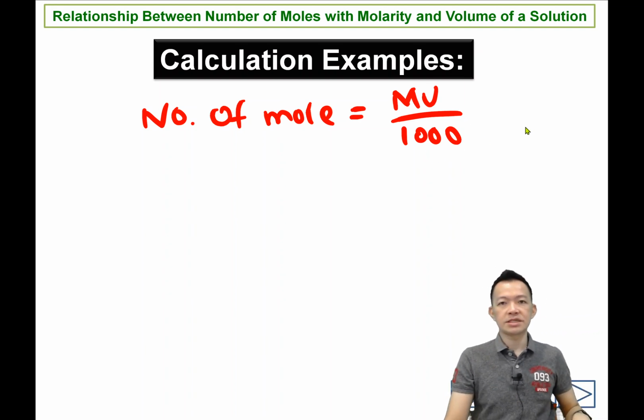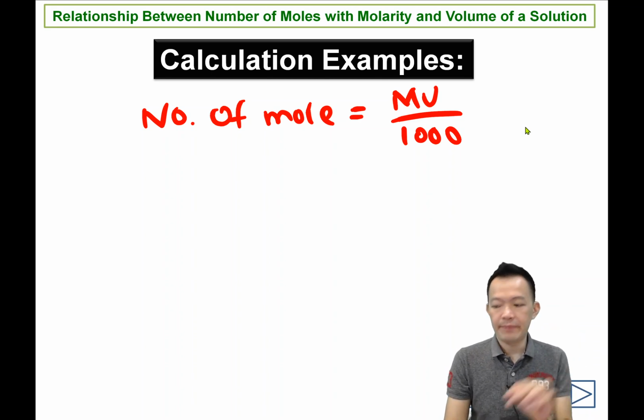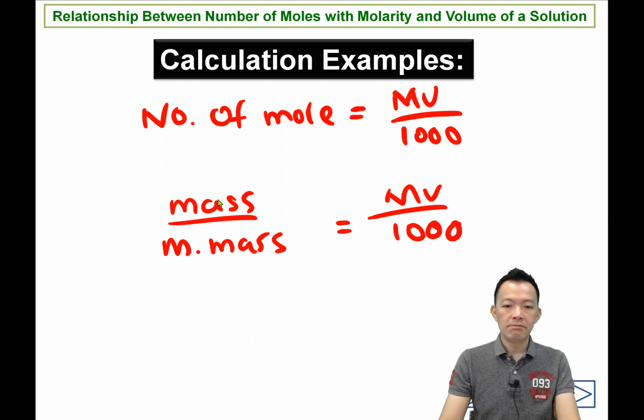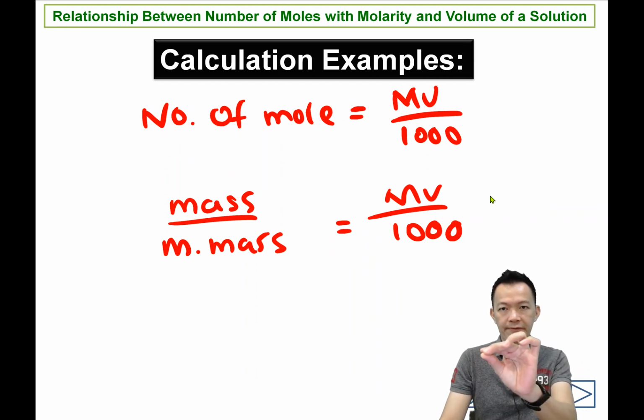Second, the combination of king and queen: mass per molar mass equals MV per thousand, the formula for mixing powder into medicine water. We can start the examples now. How do we use it?